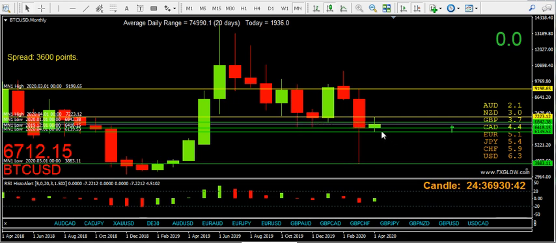So now it's important to see whether this actually opened lower. 6425. No, it didn't. So that has held. That support, that's important. That support there has held and not been breached yet. So this isn't necessarily, that's a bullish signal in my opinion.